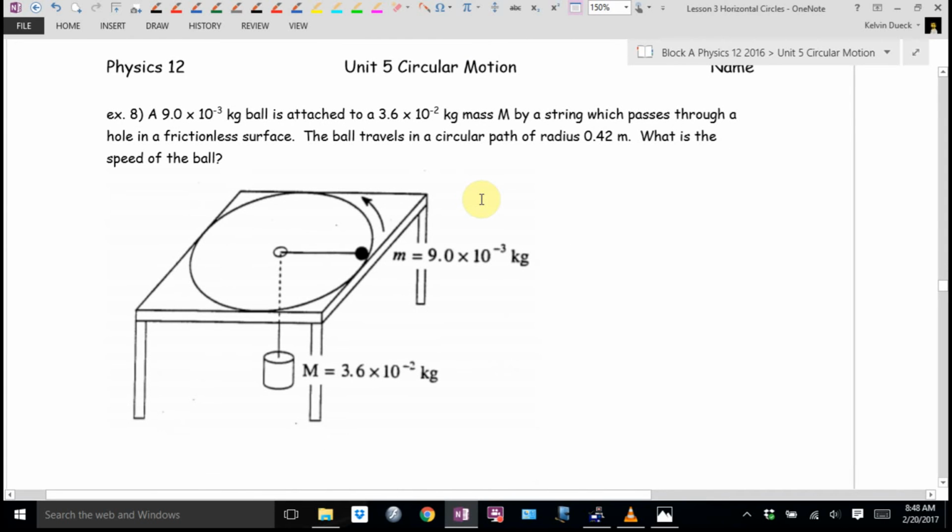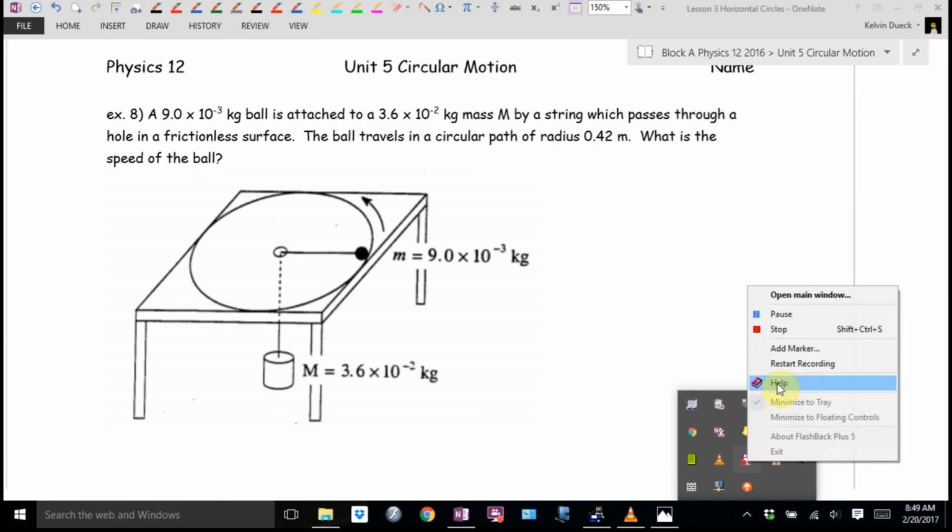Let's combine this. So, we have a 0.009 kilogram ball, this little thing here, and it's attached to a larger mass, 3.6 times 10 to the negative 2, by a string which passes through a hole in a frictionless surface. Let me just pause the video and help you visualize what's going on here.